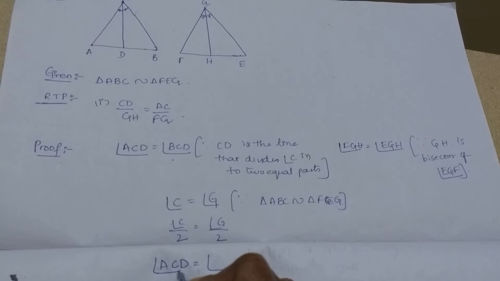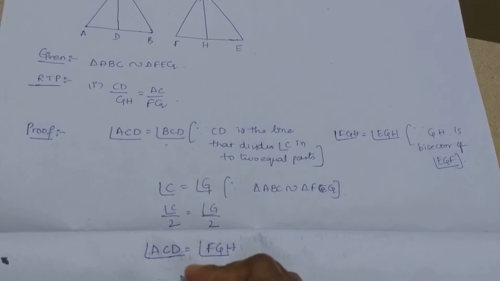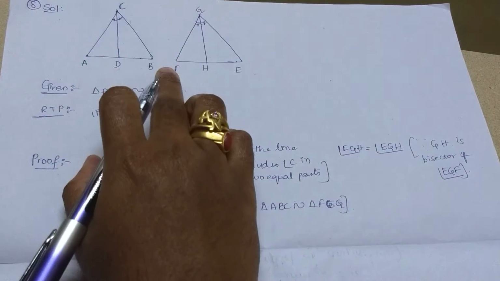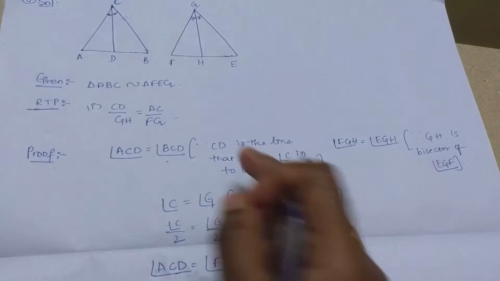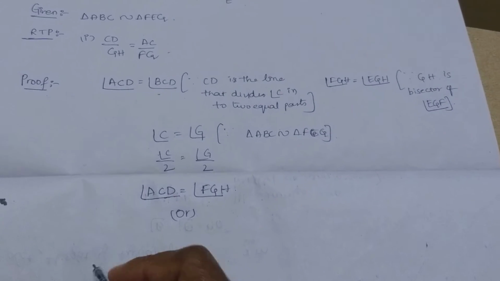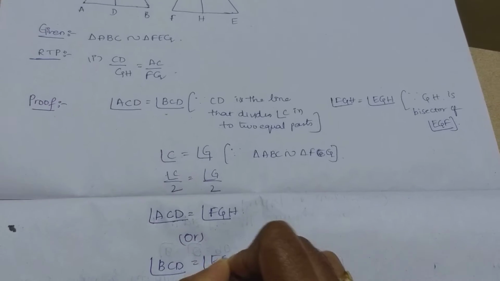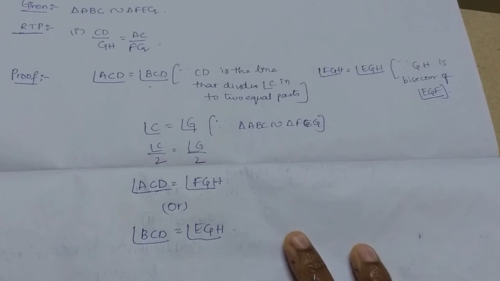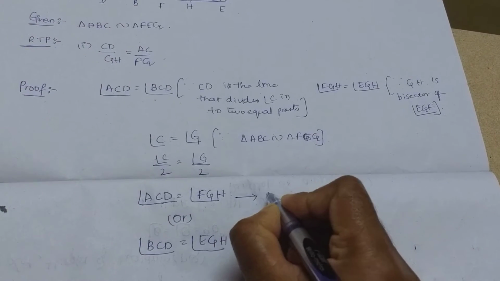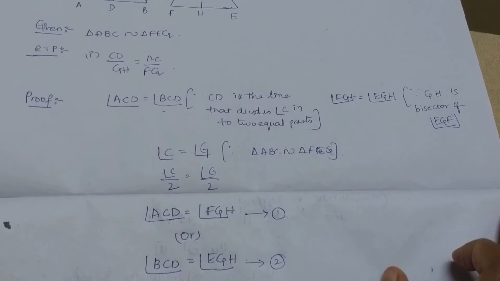So angle ACD equals angle FGH. Or you can write angle DCB equals angle HGE, that is angle BCD equals angle EGH. I'll put this as equation 1 and this as equation 2. Now let's see the required to prove.